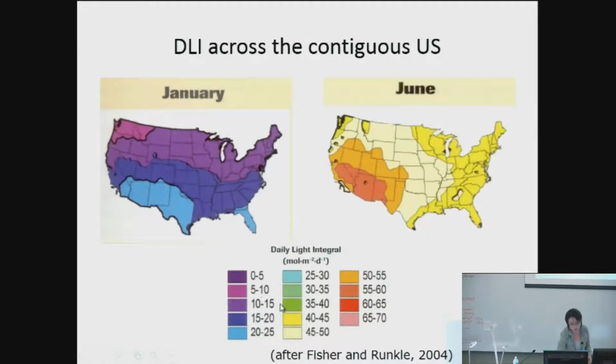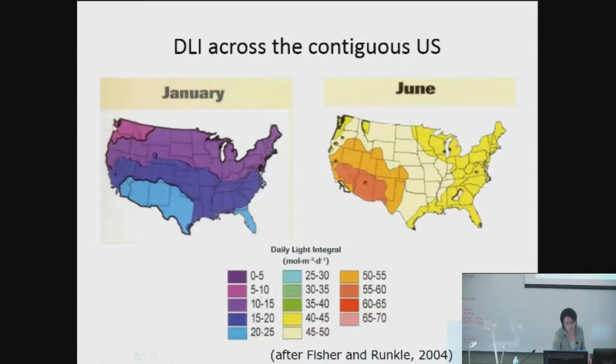Otherwise, for example in northern climates, the DLI in January, I think here in the Midwest, is about 10 to 15. So you definitely need artificial lighting to add to grow tomato. And that's exactly what they're doing in the Midwest.